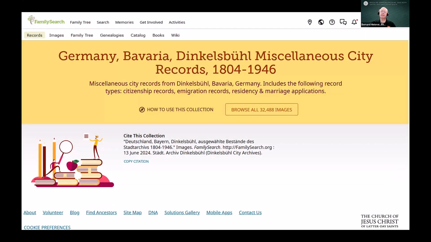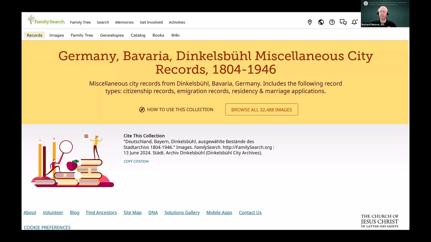There are some records online. You may have to dig to find them. FamilySearch has some. This is a website, Germany, Bavaria, Dinkelsbühl Miscellaneous City Records, 1804 to 1946.